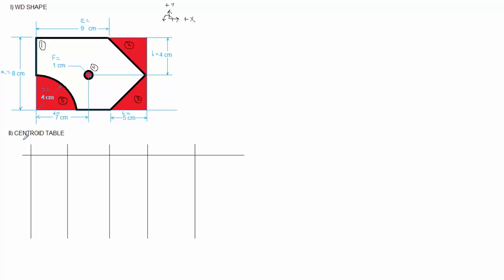So in the centroid table, the columns are as follows. You have a column for i, you have a column for A sub i, which is the area for each shape, going to be in square centimeters. You have a column for the x bar of each shape, which is the horizontal center, and that's going to be in centimeters. You have a column for y bar for each shape. That's also going to be in centimeters.